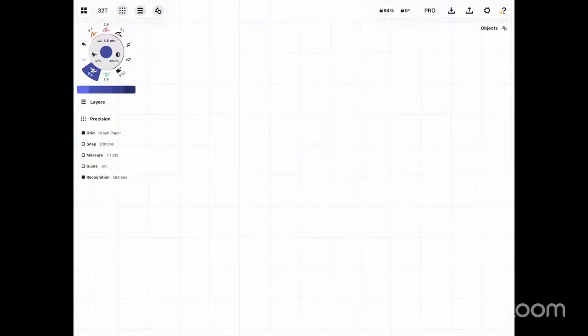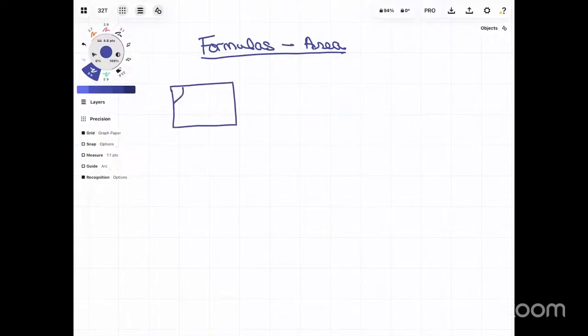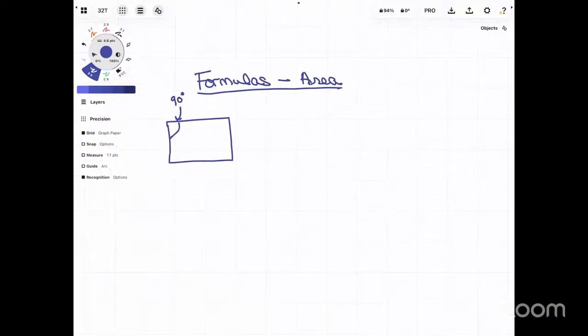All right. The first picture you gave me was just of the formulas. So, Crystal, I am not quite sure what you're asking there, but in general, when we're doing formulas for area, if you have a rectangle, which is going to be 4 90-degree angles, then you got your width and you got your length.